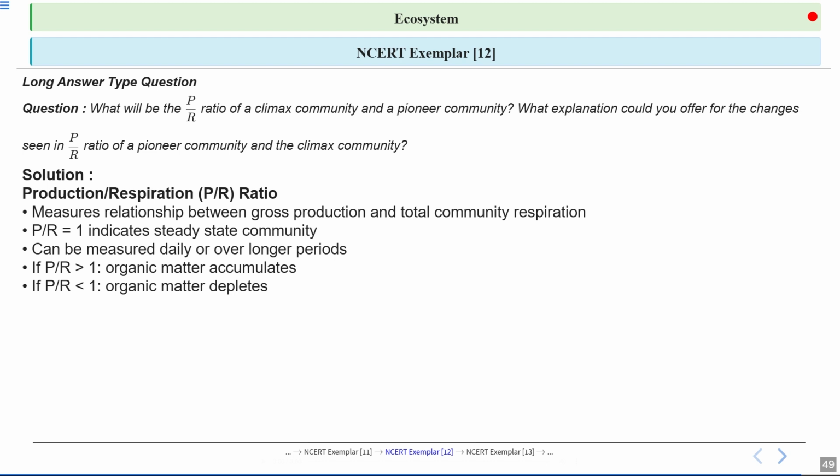If P by R is greater than 1, organic matter is accumulating, indicating a growing or developing ecosystem. Conversely, if P by R is less than 1, organic matter is depleting, which would suggest stress or decline in the ecosystem. These changes are critical for understanding the dynamics of ecological succession.